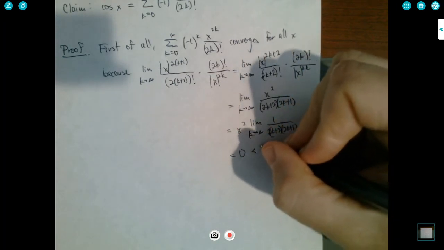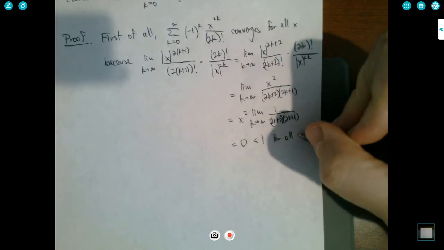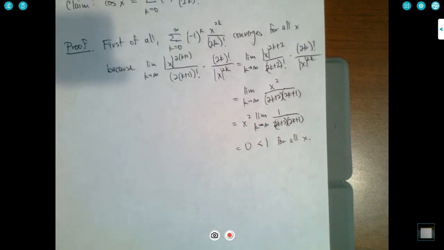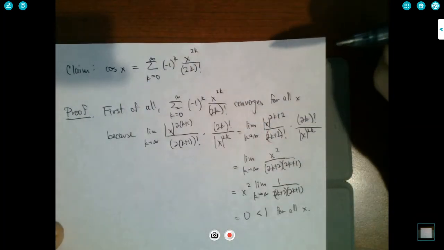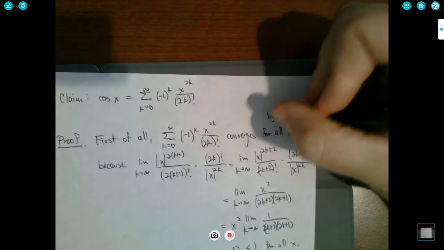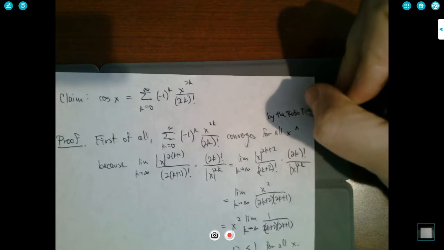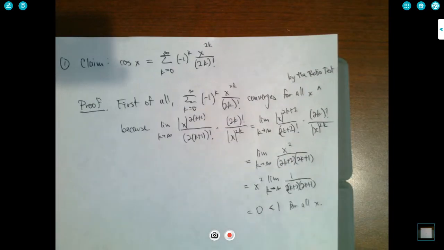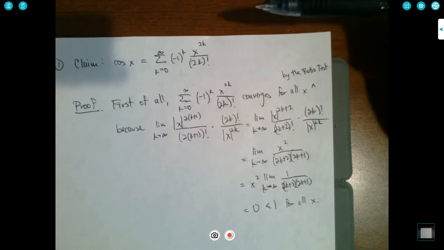And that's less than 1 for all x. So this thing converges for all x by the ratio test. Okay, so it converges, but that's only half the battle.